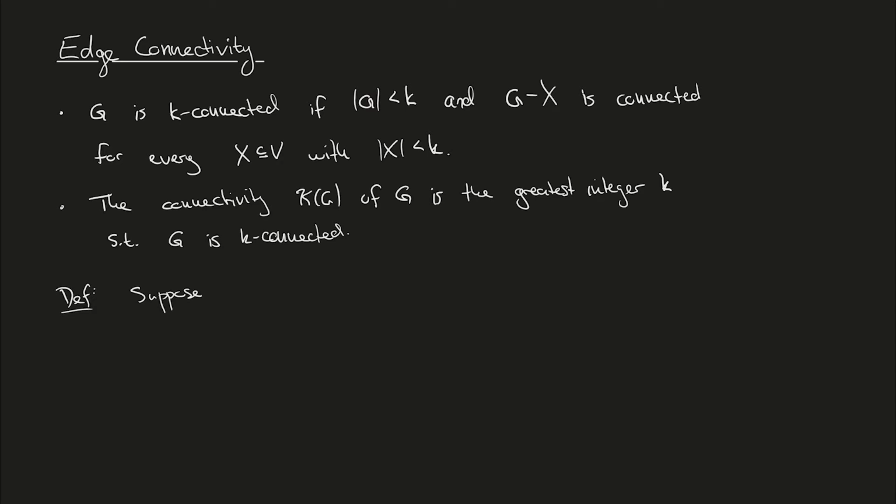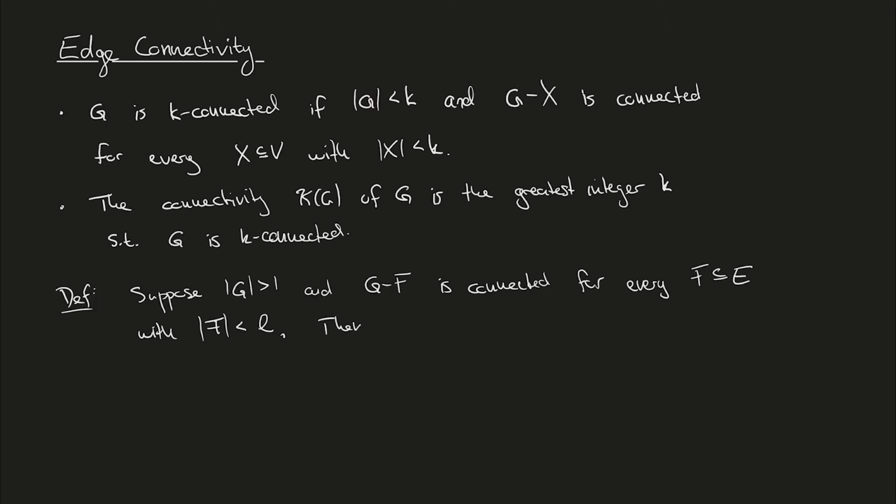Suppose that the order of G is strictly greater than 1, and that G without F is connected for every set F of edges with the size of F being strictly less than L. Then G is called L-edge-connected.